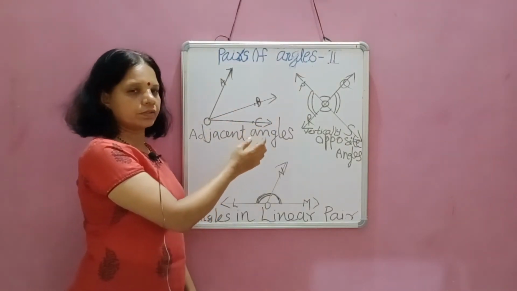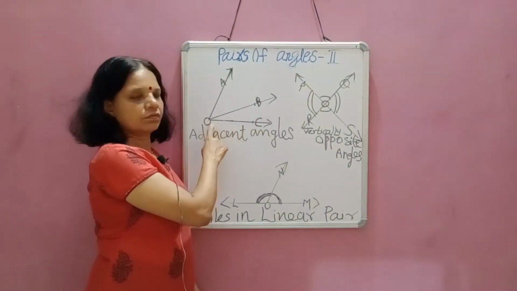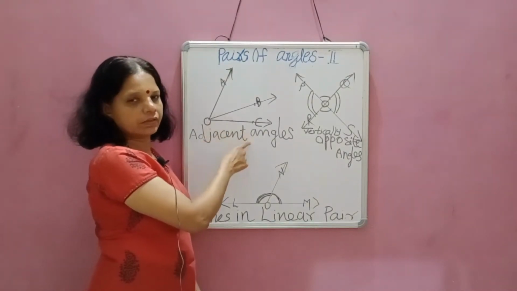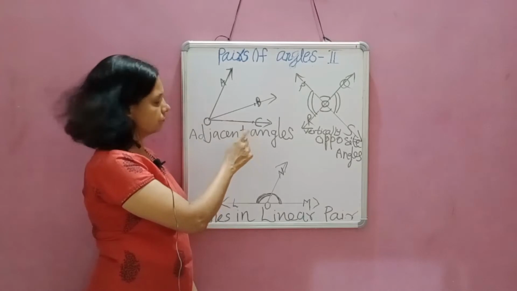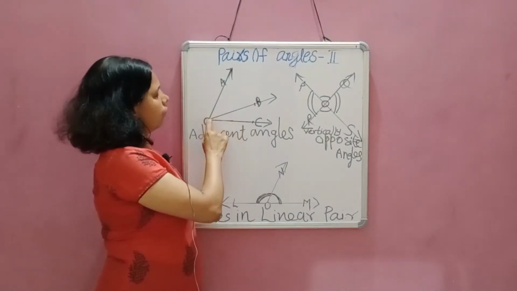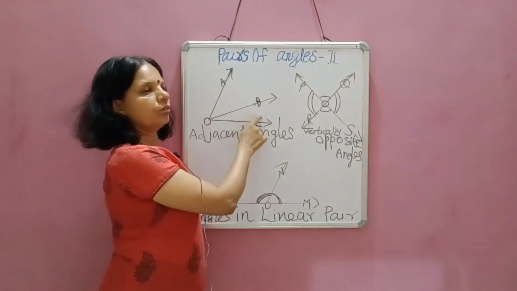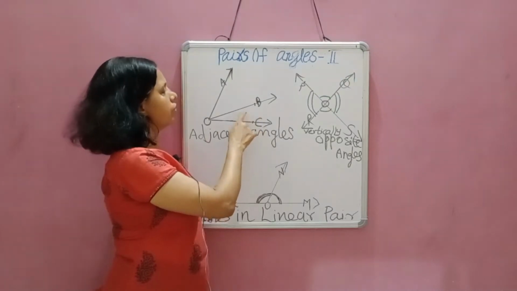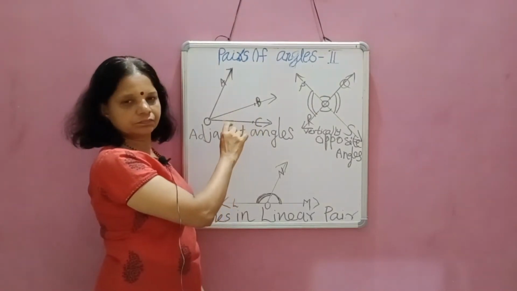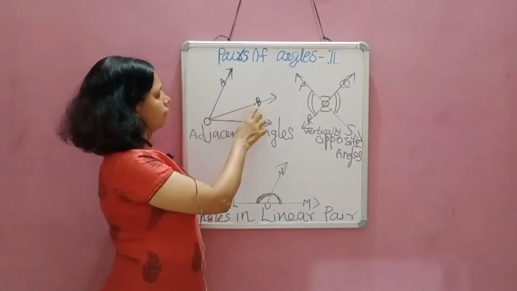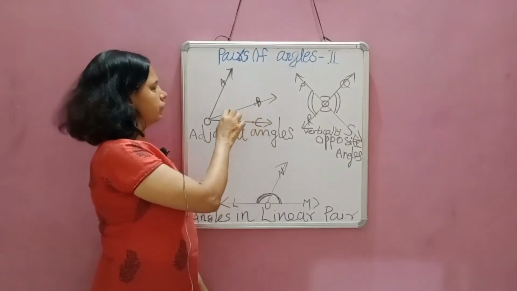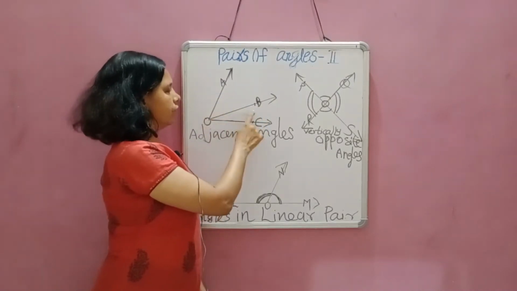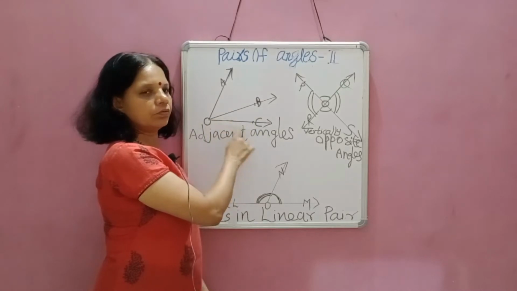What is common in them? The vertex is common for both the angles. Also, the side OB is the side of both angle AOB and angle BOC.